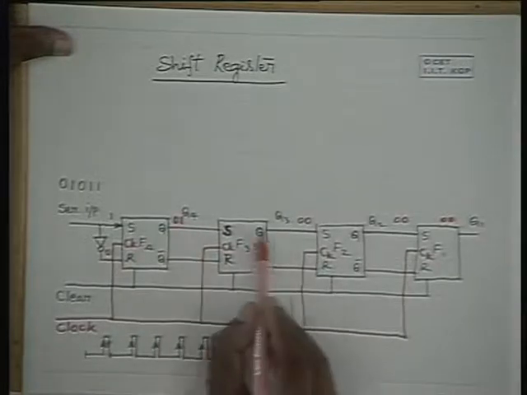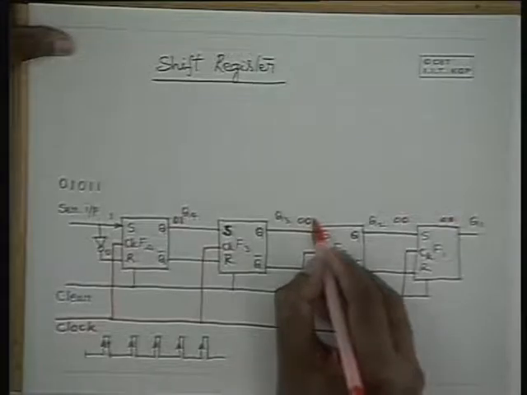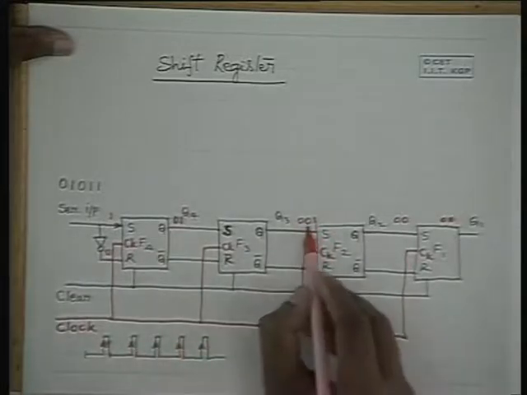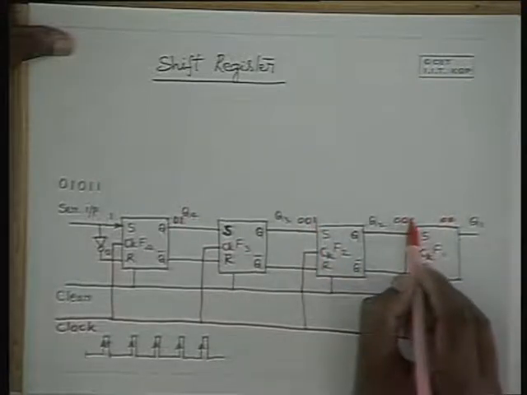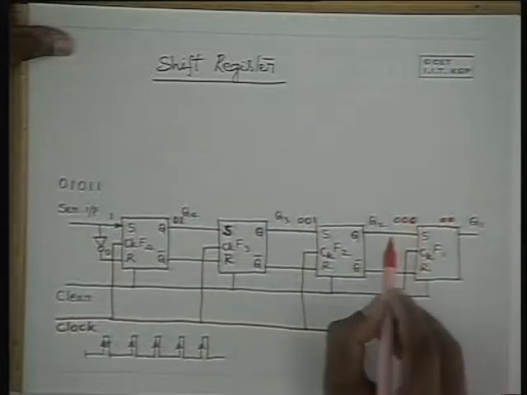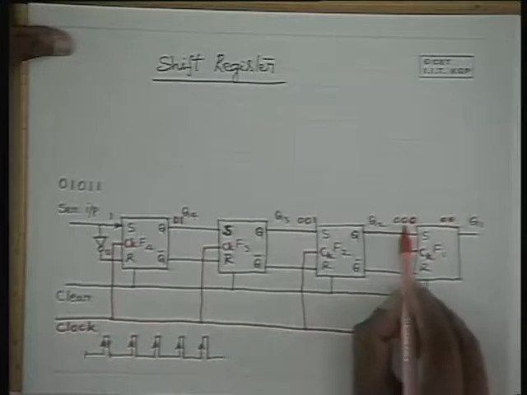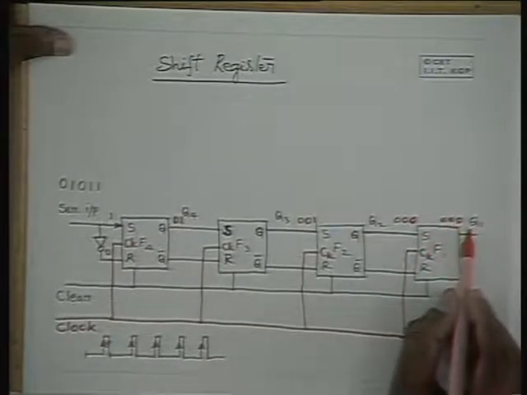Therefore, this one will be transferred to this one. So it will be a 1 here, and initially when the second pulse occurs, it was 0, therefore this 0 will be shifted to this, and the third output will be 0 after the second clock pulse. Similarly, it was a 0 here, and when this second clock pulse occurs, during the third pulse this output also becomes 0.